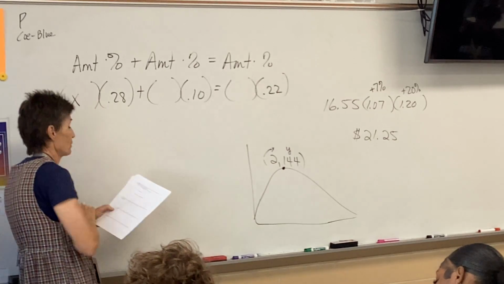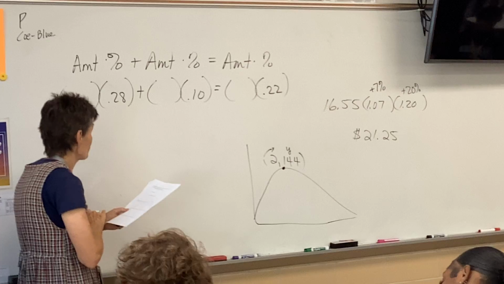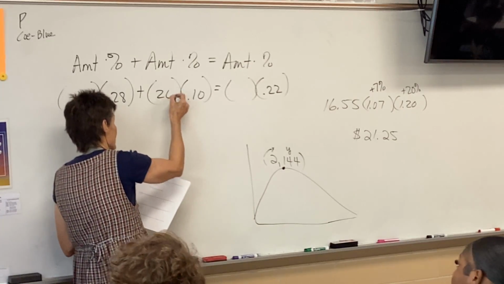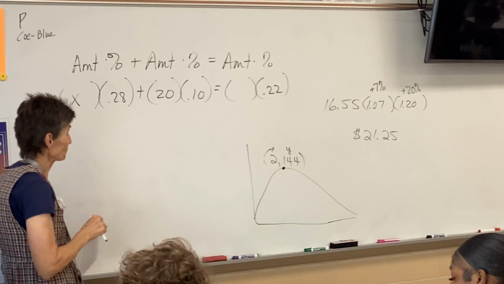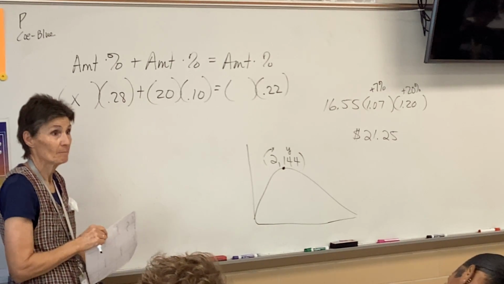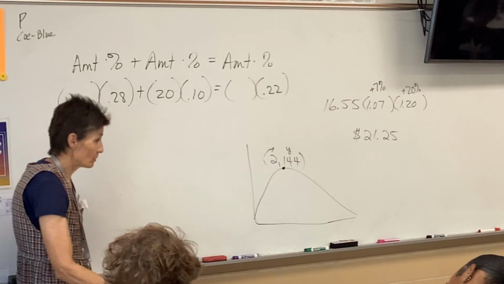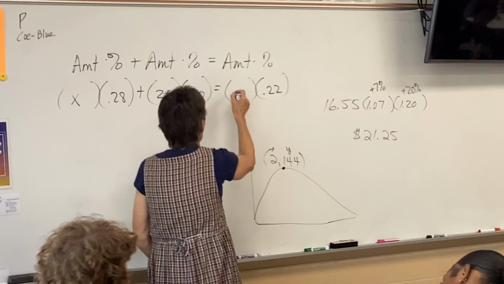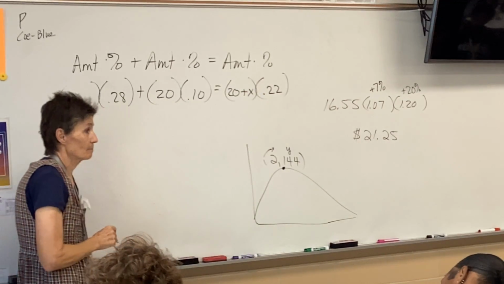How much should be mixed with 20 cups of 10%? And that leaves me with 1 parenthesis empty. See where it is? So what goes out there? 20 plus X, yep, 20 plus X.